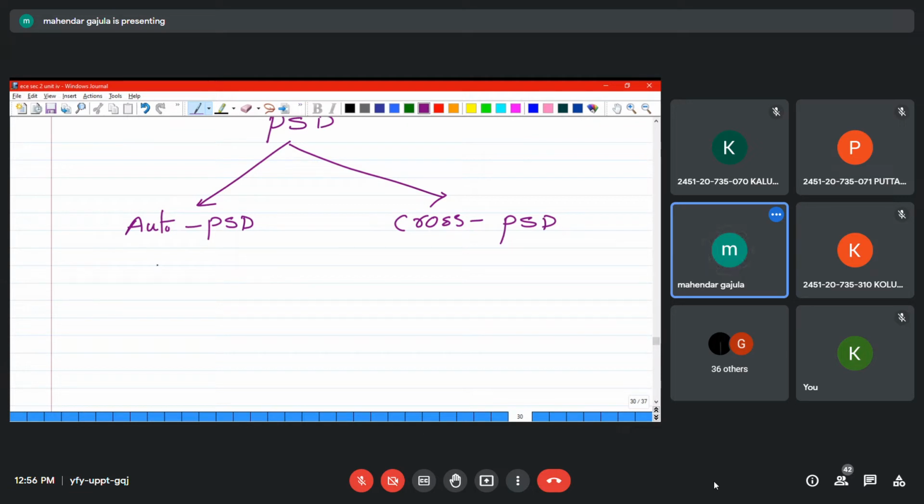Now, this auto power spectral density is represented with capital S. Double X means auto. S XX omega is power spectral density. Here also S omega, but it is cross power spectral density, so S XY. Okay. Auto power spectral density, cross power spectral density.